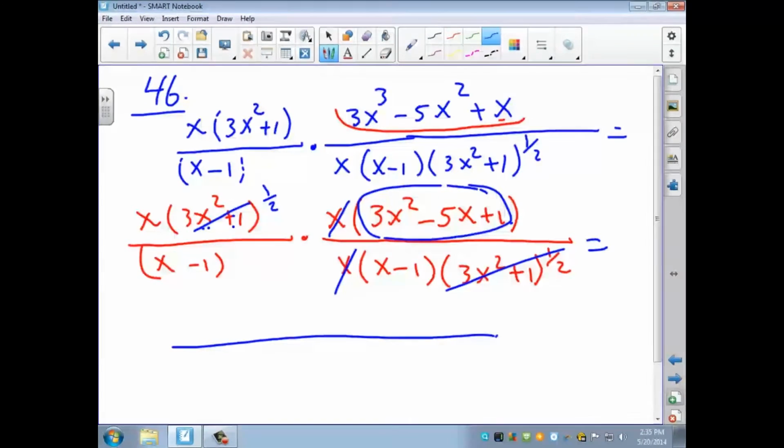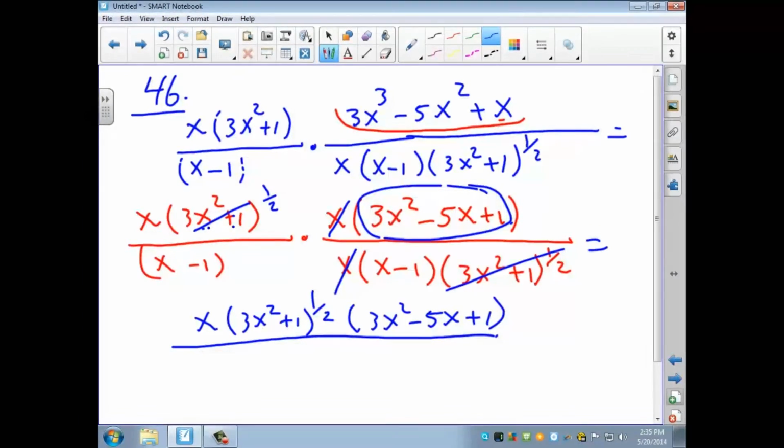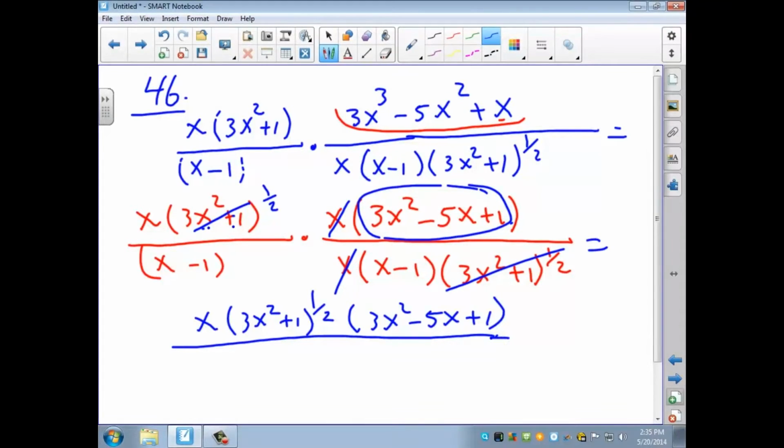So your numerator is now x times 3x squared plus 1 to the 1/2 power times 3x squared minus 5x plus 1. And in the denominator you only have this x minus 1 and this x minus 1, so x minus 1 squared.